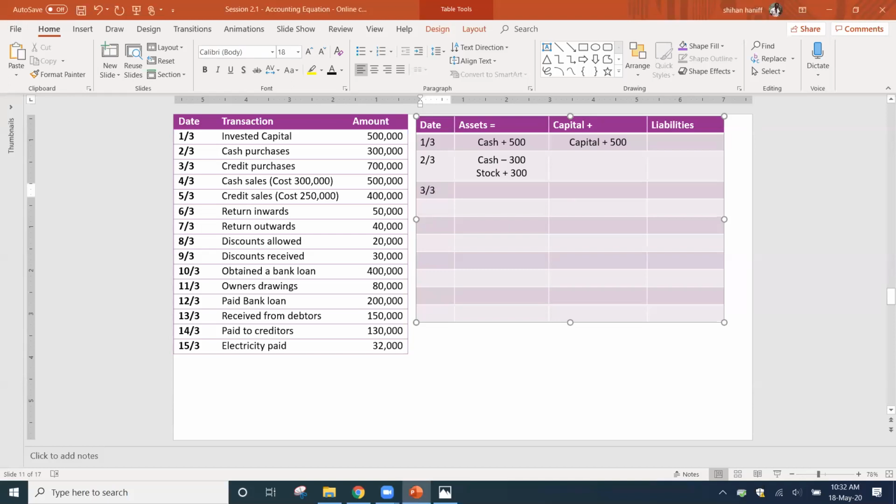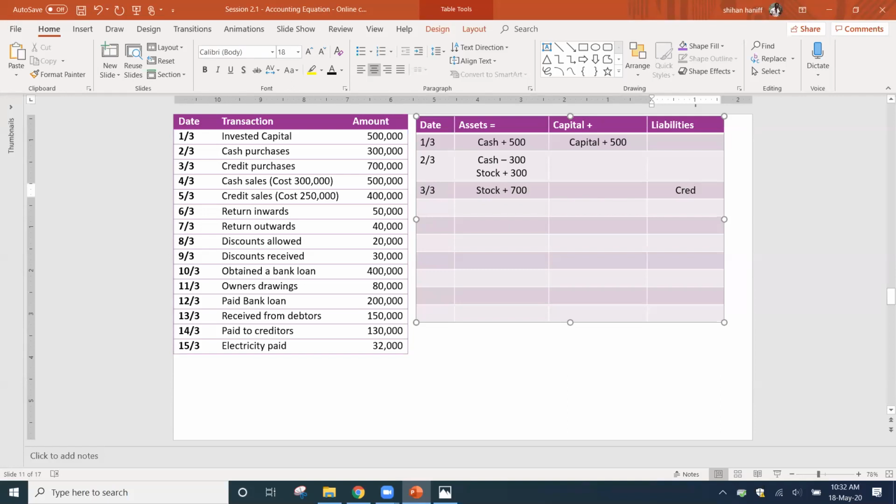In 3rd March, credit purchases. So when we buy on credit, we will get the stocks. We will get the stocks 700, and we don't pay cash.